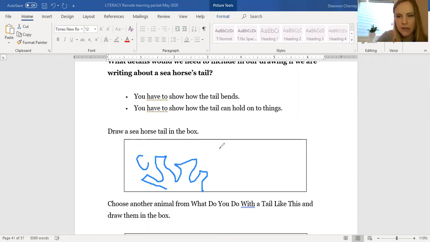And my seahorse, he's the shyest fish in the sea, and he doesn't want to get whisked away by the heavy ocean currents. So here he is, and we're going to draw his tail wrapped around the coral. Ooh, holding on to the coral. There we go. And now we've got his pouch, add that detail, and his eye. So now we have seahorse and his tail holding on really tightly.